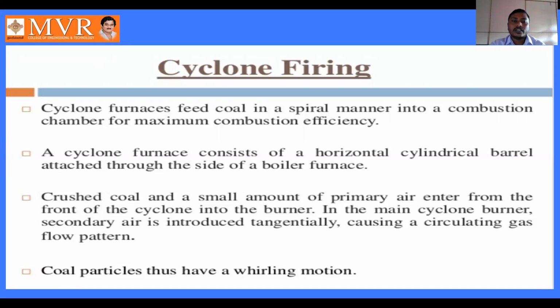A cyclone furnace consists of a horizontal cylindrical barrel attached through the side of a boiler furnace. Here you can observe that near the boiler furnace, the cyclone furnace is in the shape of a horizontal cylindrical barrel.